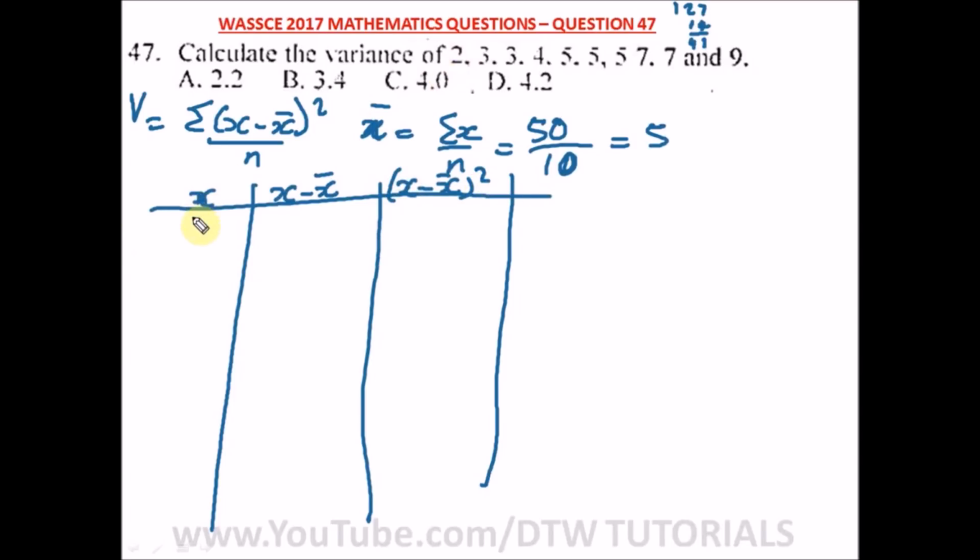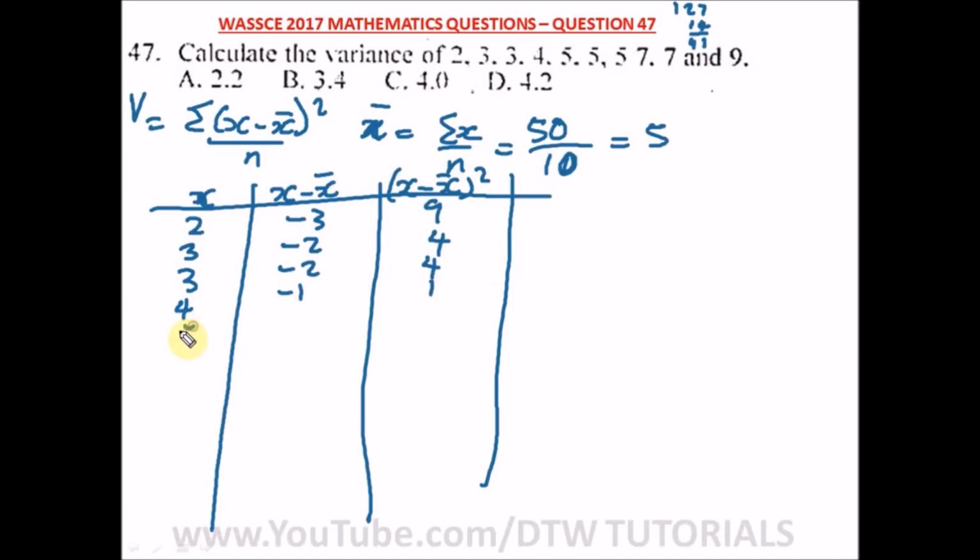So for 2 we have 2 minus 5, that's minus 3, and minus 3 squared is 9. The next number is 3. 3 minus 5, that's minus 2. Minus 2 squared is 4. The next value is 3. 3 minus 5 is still minus 2, and minus 2 squared is 4. The next value is 4. And 4 minus 5 is minus 1. Minus 1 squared is 1.